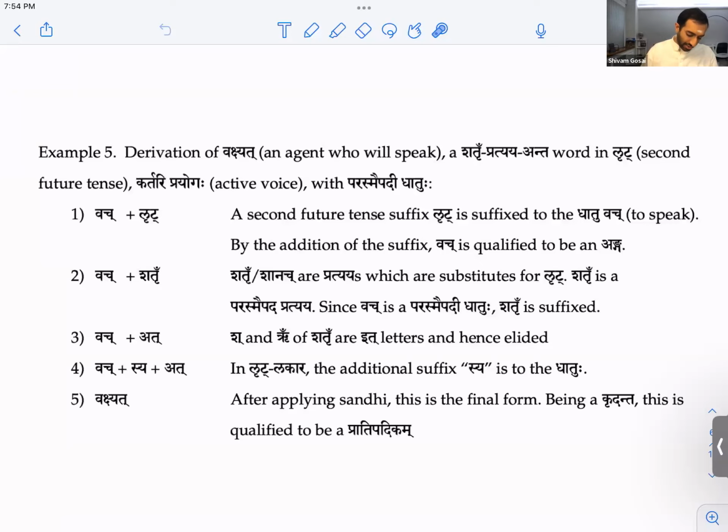Shatru, Shakara, R are it, so we're left with At. Now in Lrt Lakara, the additional suffix Sya is added. So Vach, Sya, At. Now some sandhi happens, unfortunately, or fortunately, I don't know. I don't want to go through all the rules, but Cha becomes Kakara, Sa becomes Murdanya Shakara, so Vakshyat.